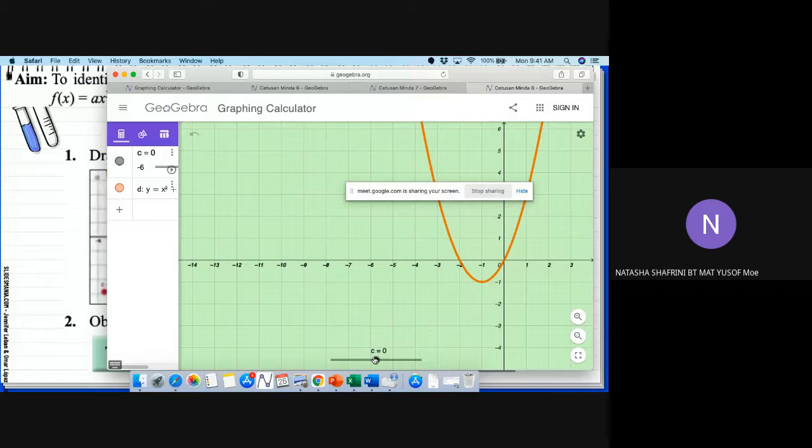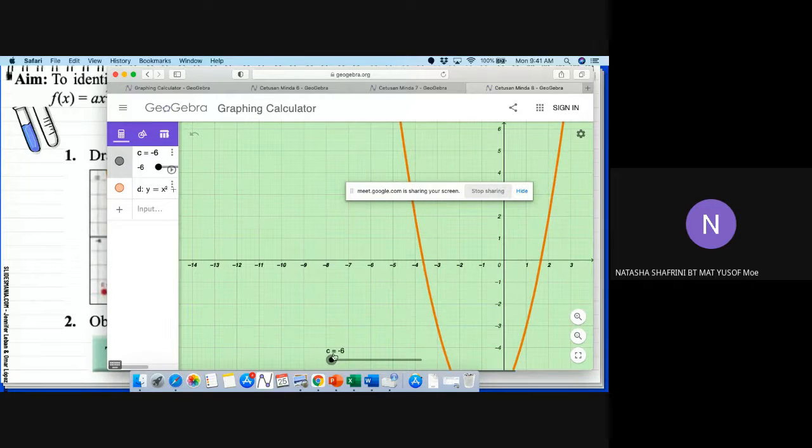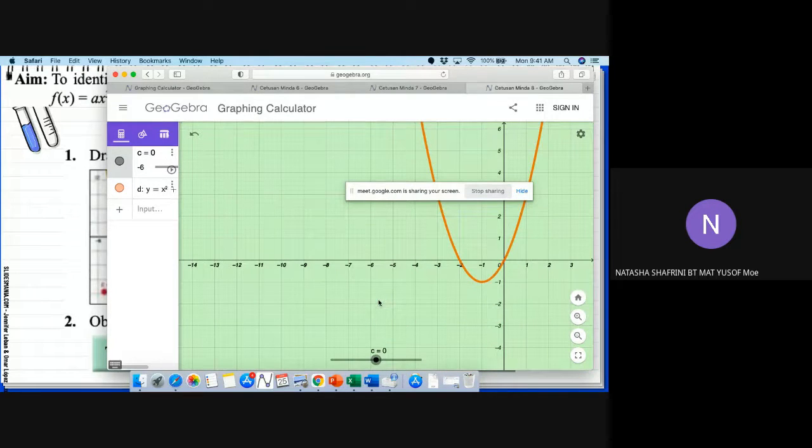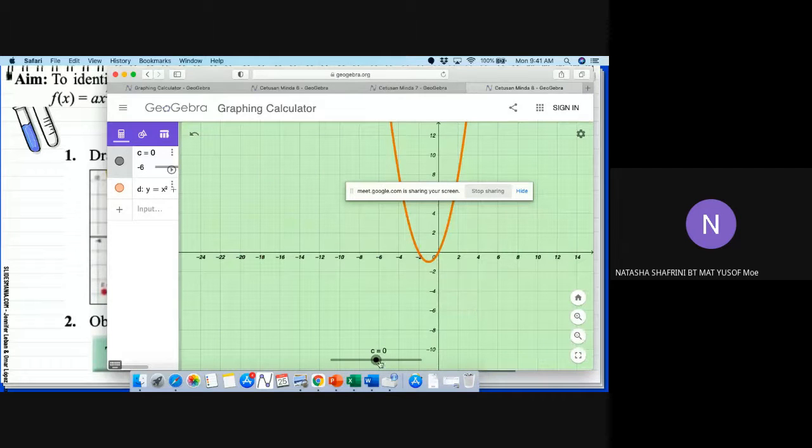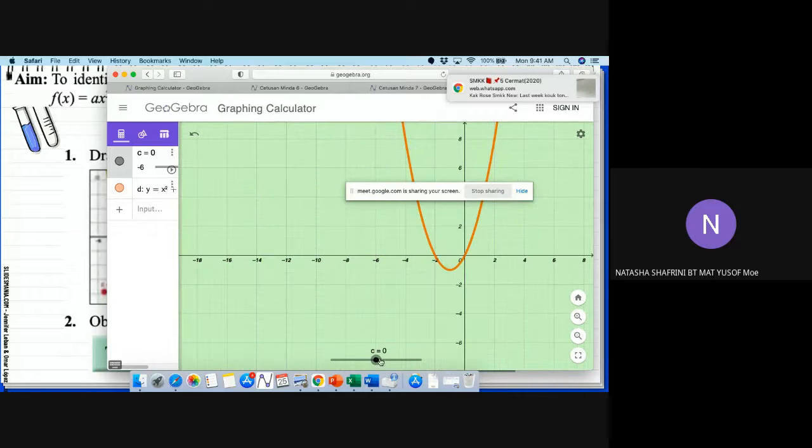Okay, kalau cikgu tukar C pergi negatif. Nampak tak? Sekejap cikgu kecilkan sikit. Okay, kalau kita punya C dekat kosong, besarkan sikit.